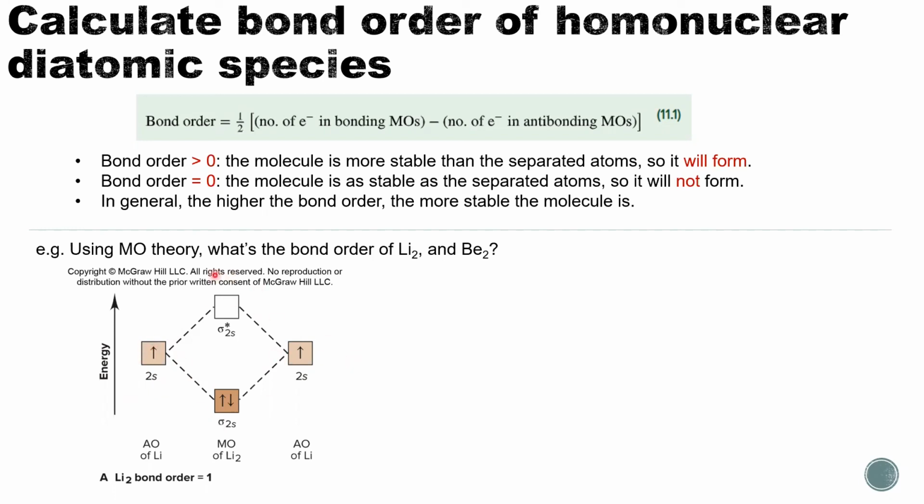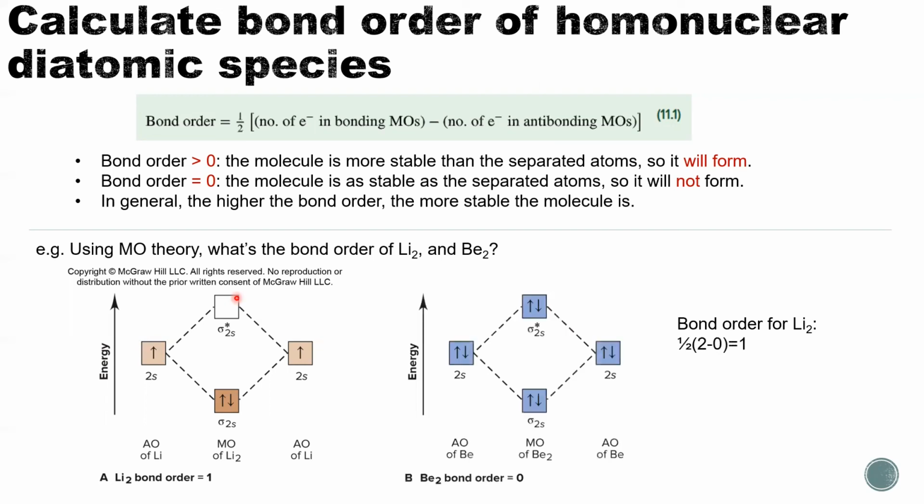Mix them together to form the molecular orbitals. We have sigma 2s and sigma star 2s. Because we only have 2 valence electrons, we fill all the valence electrons in the sigma 2s, the bonding molecular orbital. So the bond order for lithium-2 is the 2 electrons in the bonding orbital minus 0 in the antibonding orbital, divided by 2. The bond order is 1.